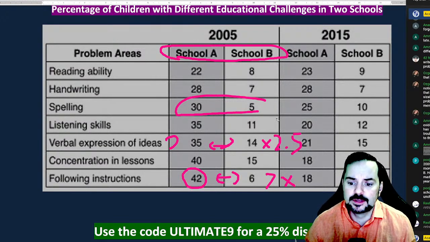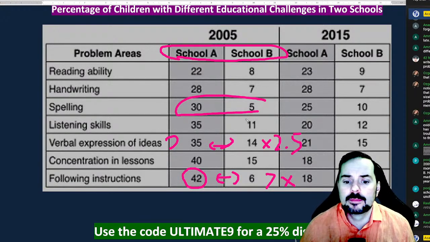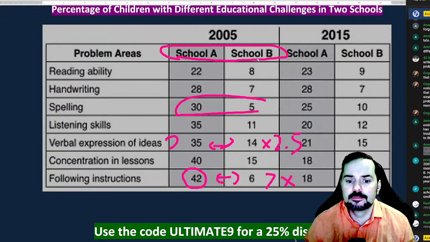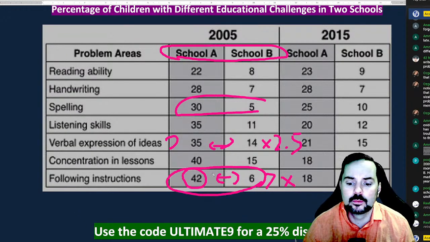So these huge differences, okay? So we want to report that. So my first point of comparison could be this here, where I'm comparing this following instructions.